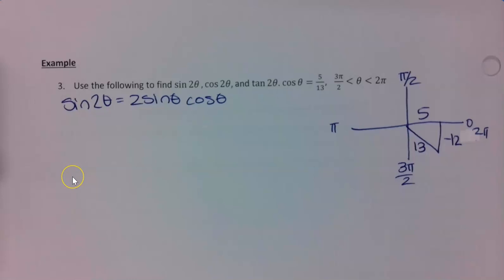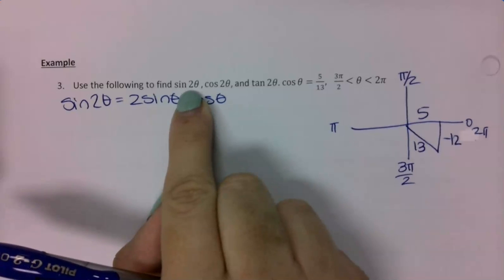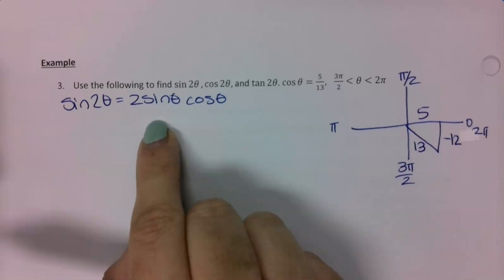Why are we doing what? Why did I draw the triangle, or why did I write sine 2 theta equals? Because it wants me to find sine of 2 theta. So I just wrote the equation from the front. I haven't done any math yet. Oh, so you would like plug it in?